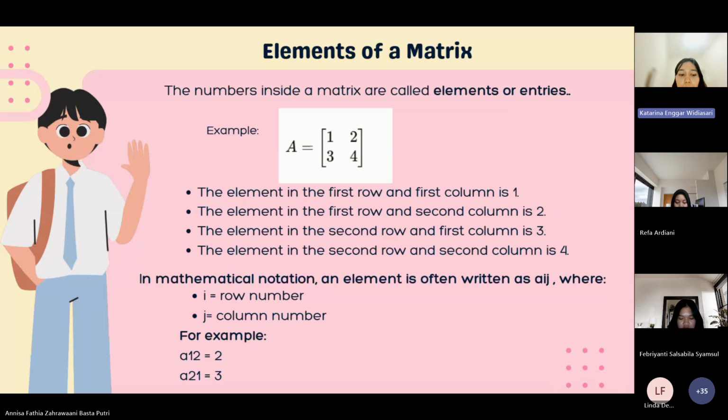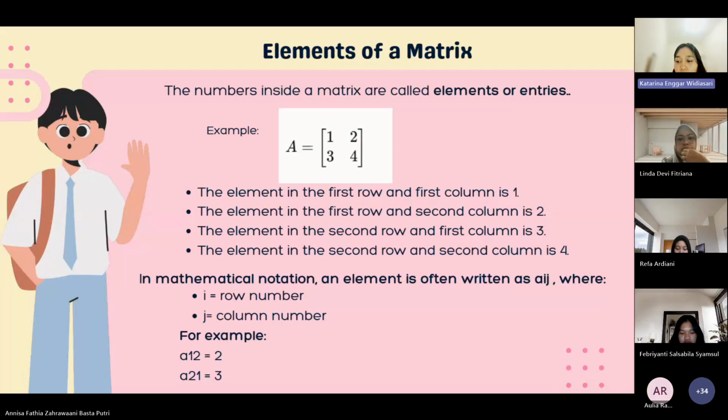The element in the first row and first column is 1. The element in the first row and second column is 2. The element in the second row and first column is 3. The element in the second row and second column is 4.